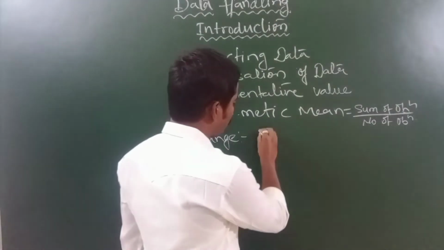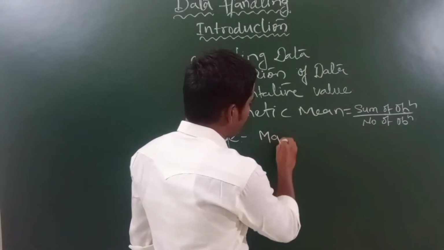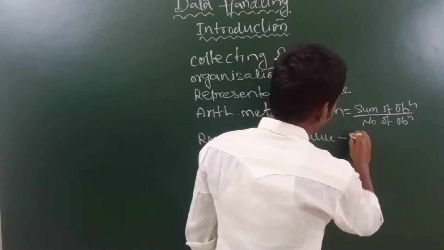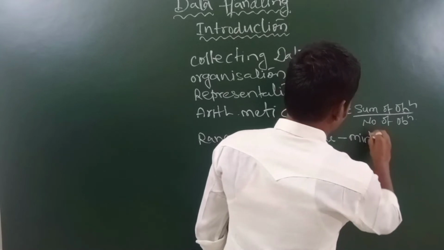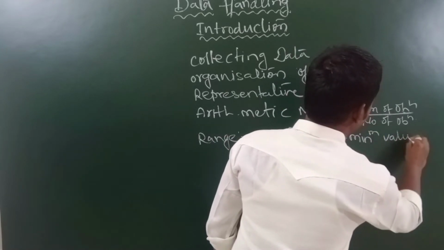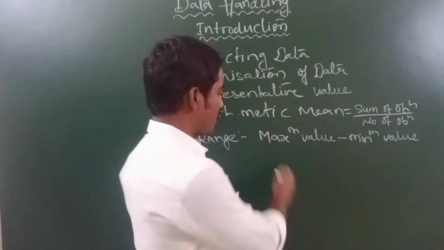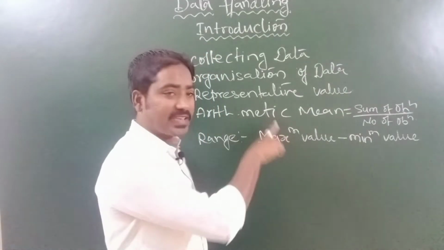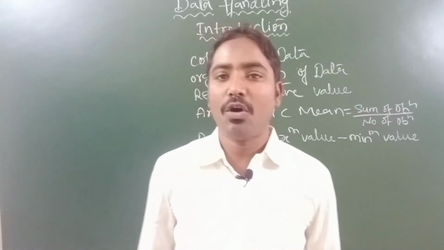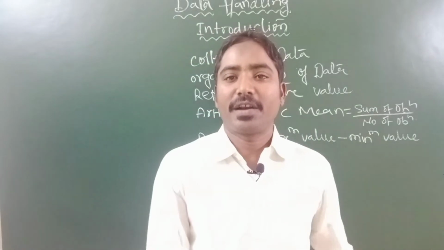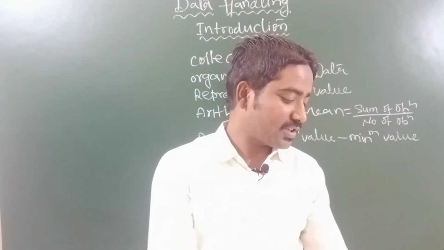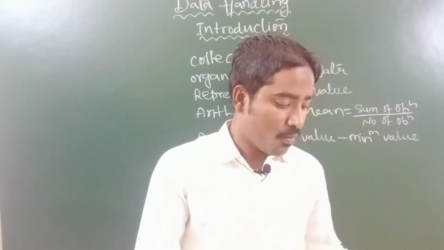So range is calculated as the difference of the maximum value and the minimum value of that data. We will subtract the minimum value from the maximum value of that data, then we will get the range of the data.